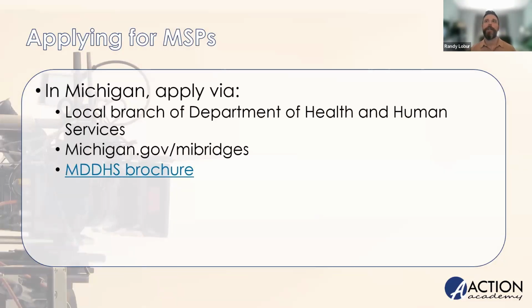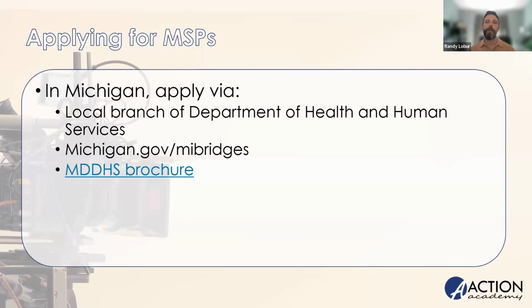That brochure does walk you through the application process, what you can expect, and what appeals would look like. As part of the application process, they would notify the beneficiary what program they qualified for. I should note up front that there's no penalty for applying.